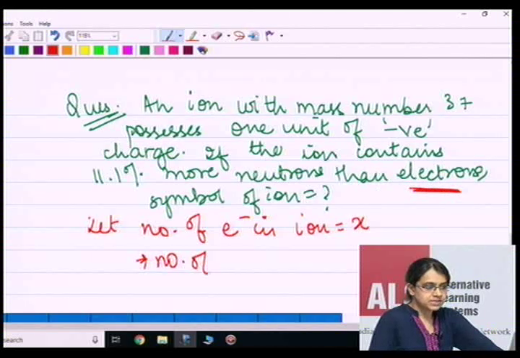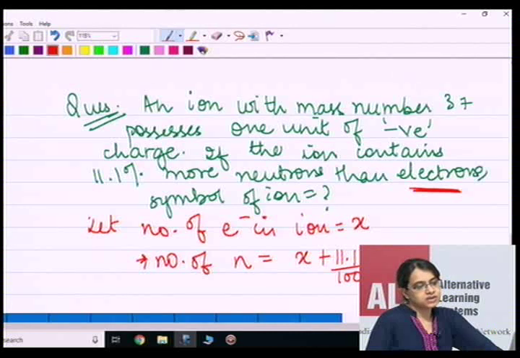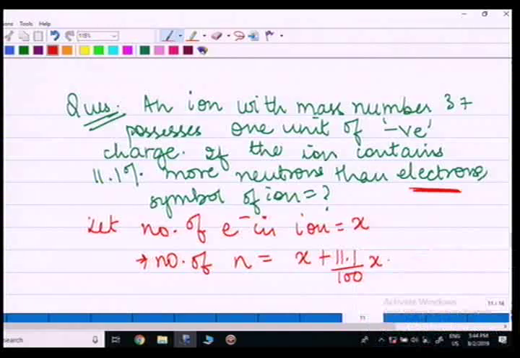This implies that the number of neutrons will be x plus 11.1 by 100 x, exactly like we did earlier. Now you're given the mass number and you can form the equation for x.